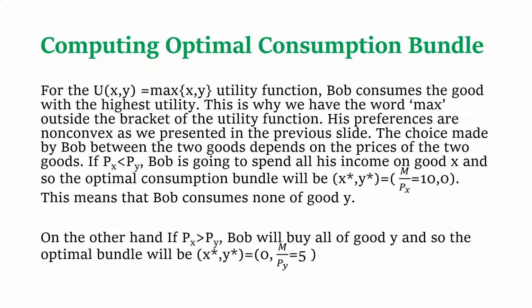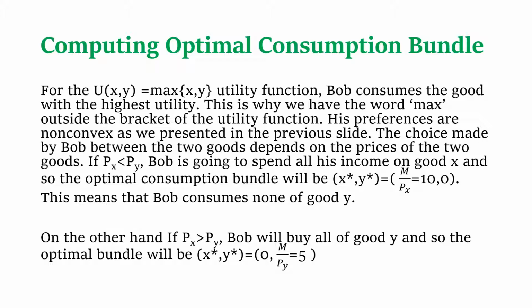Now, if the price of good X is less than the price of good Y, Bob is going to spend all his income on good X. And so the optimal consumption bundle will be M over Px, which is 10, then Y star, which is 0. This means that Bob consumes none of good Y. So that is one optimal scenario.